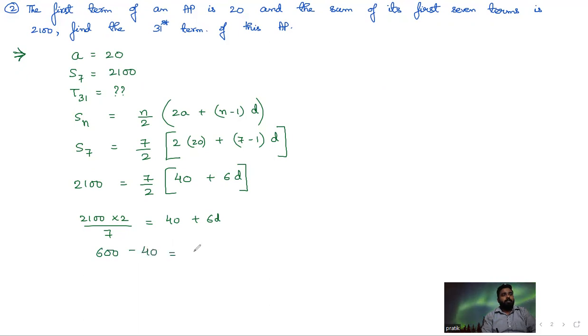Minus 40 is equal to 60 d. That is 560. Correct? You get this amount.